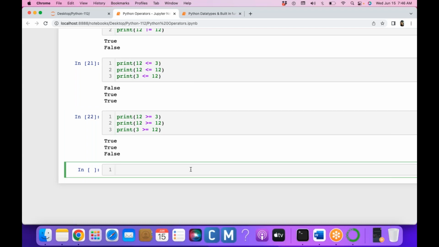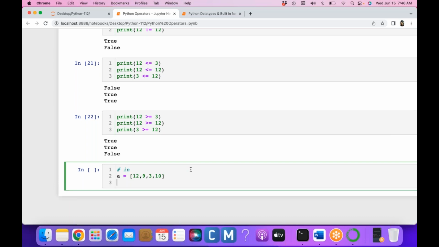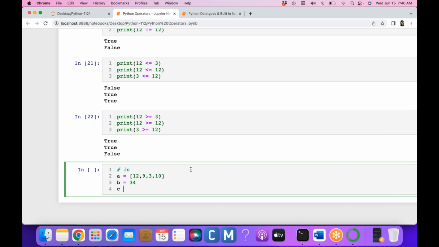Now we have two more keywords, which is the in keyword. The in keyword means we have some kind of group of elements. So you have some data. If the data is available inside of the group, then it returns true.